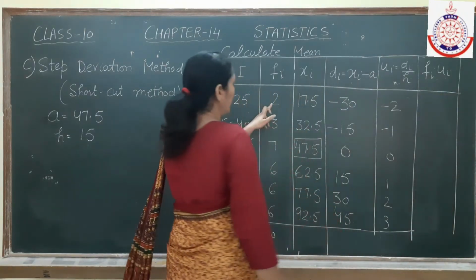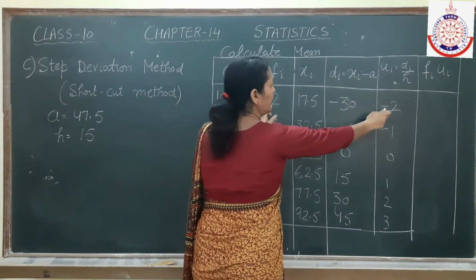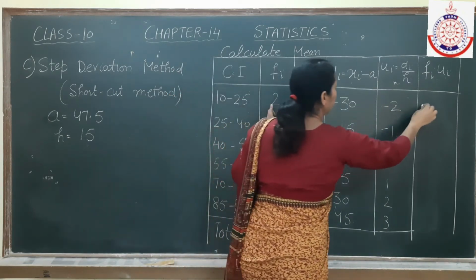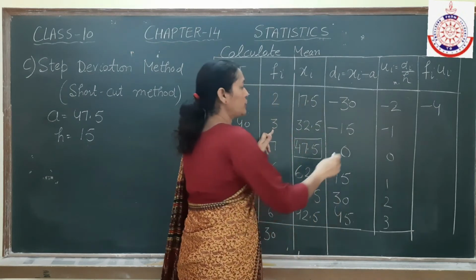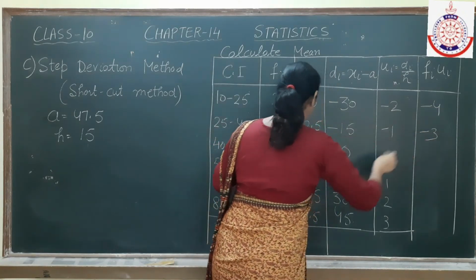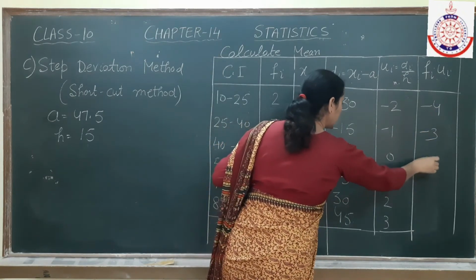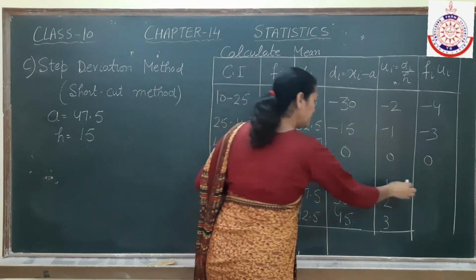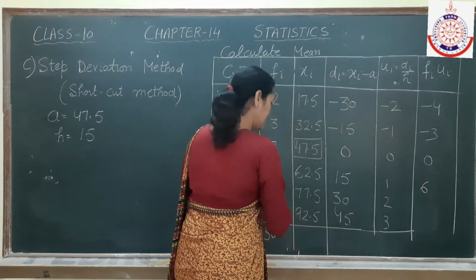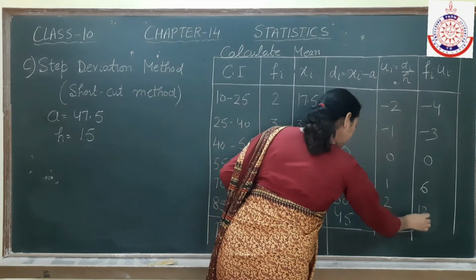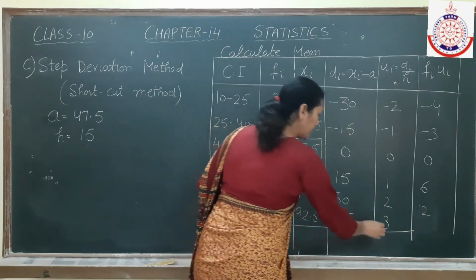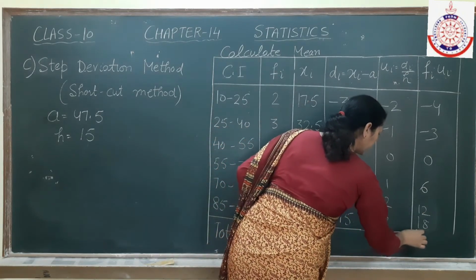See, Fi ui: 2 into minus 2, minus 4. 3 into minus 1, minus 3. 7 into 0, 0. 6 into 1, 6. 6 into 2, 12. 6 into 3, 18.